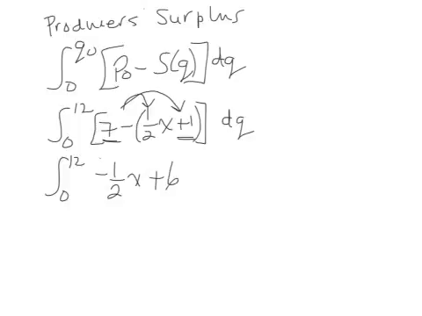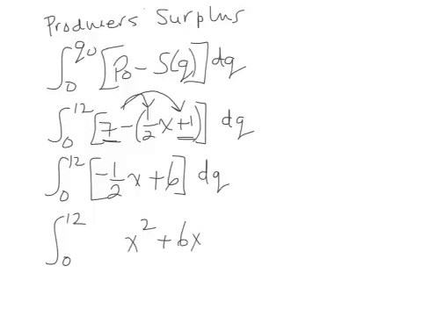And then we're going to need to find the integral. So we have an x squared term plus 6x, and then we have -1/2, and the -1/2 was arrived at by multiplying something by 2.